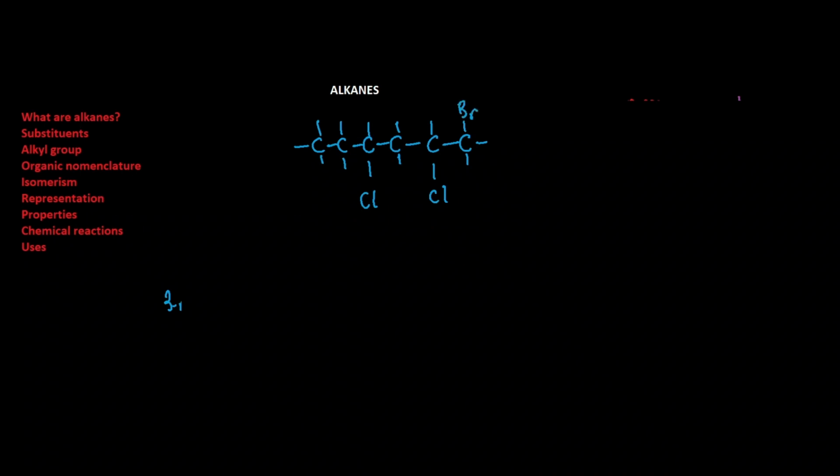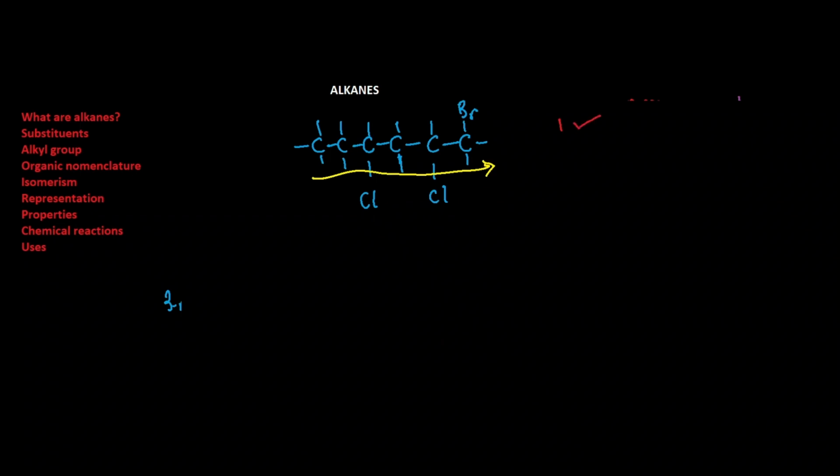But if we have a substituent, then I would include it. Now in this case, we have chlorine and bromine as substituents. The first thing to do, of course, would be to identify the longest carbon chain. And for this, we don't have to go through any route. We know that this, of course, is the longest carbon chain because there is no other carbon chain to be considered the longest. It has to be the longest and the continuous one.